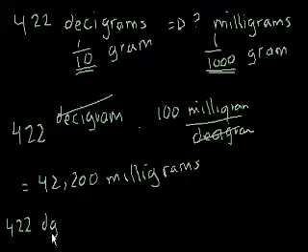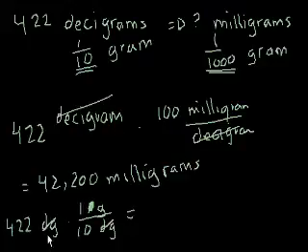If we're going to grams, 422 is going to be a smaller number of grams, right? 1 gram is equal to 10 decigrams. And the reason why this makes sense is if we have a decigram in the numerator here, we want a decigram in the denominator here, so the decigrams cancel out. 422 decigrams divided by 10 is equal to 42.2 grams.